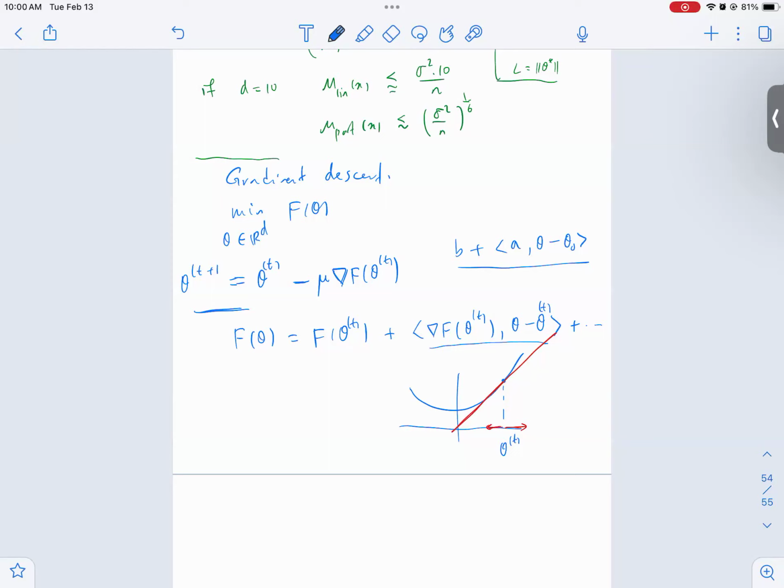Now at this point, if I move a little bit, my gradient here is going to be different. It still points in this direction. In the univariate case, the direction is either this way or that way, so you still move in this direction.